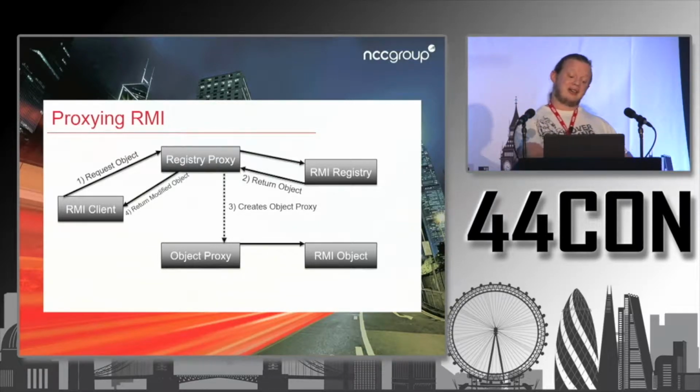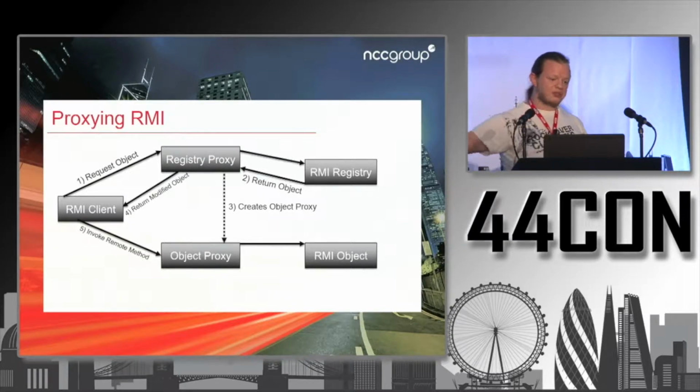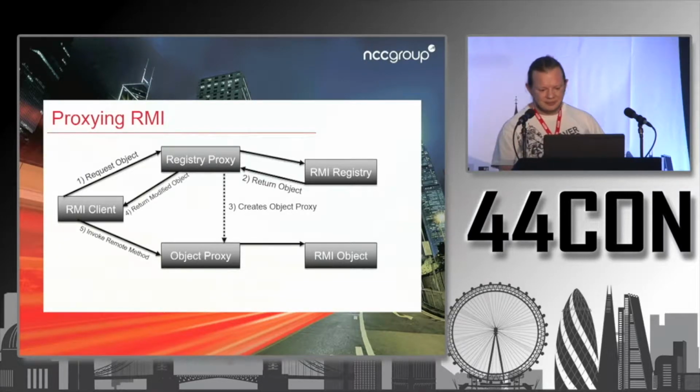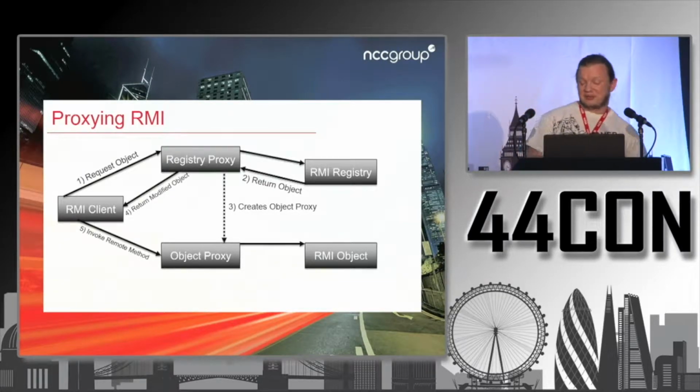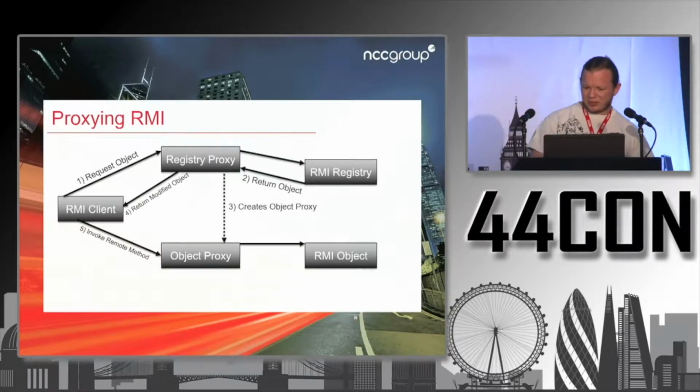When the RMI client then invokes a remote method, that hits the object proxy, which forwards the data onto the RMI object, and we're in the middle of the connection. That is far easier to explain than actually doing it, but that was what I was working on.